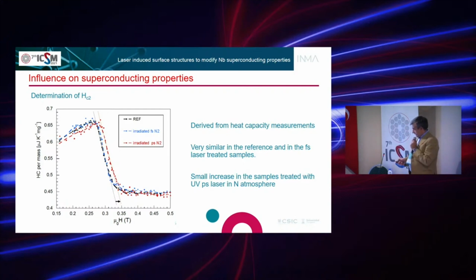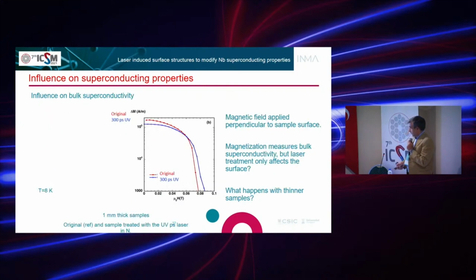You can see that in the samples that were processed with the femtosecond laser, we don't see any change for all the samples we have analyzed, and only in the sample that was processed with the picosecond laser in nitrogen, we observe a small shift of 0.02 Tesla. But they are very similar in all the cases. So the laser treatment doesn't deteriorate Hc2.